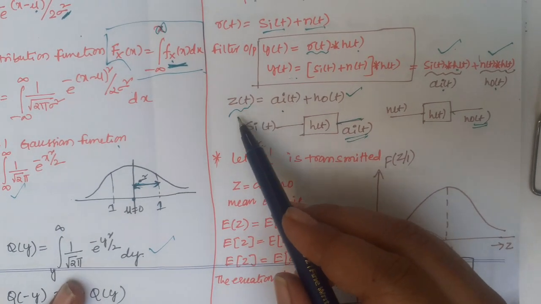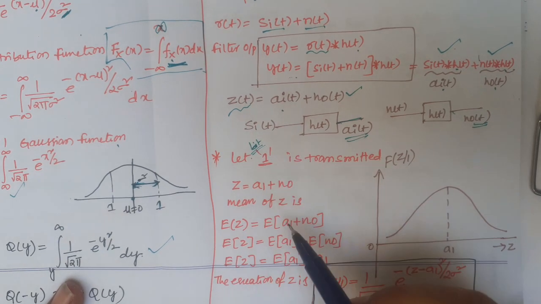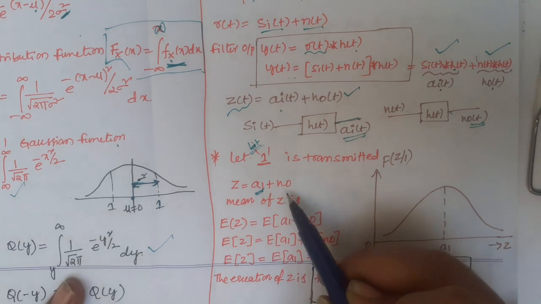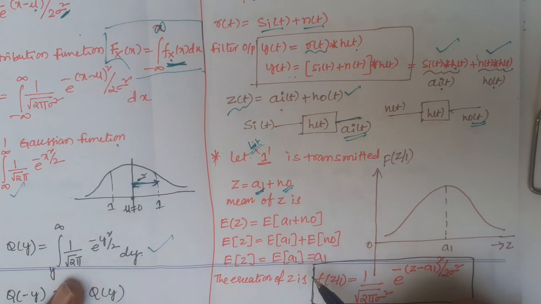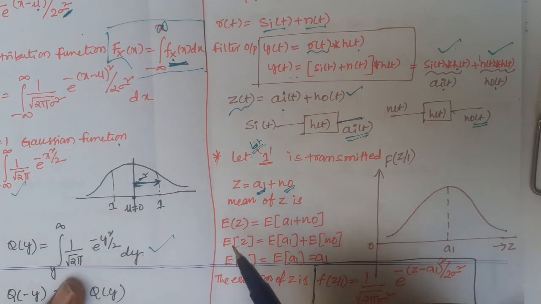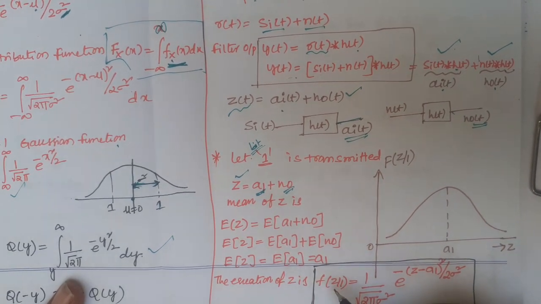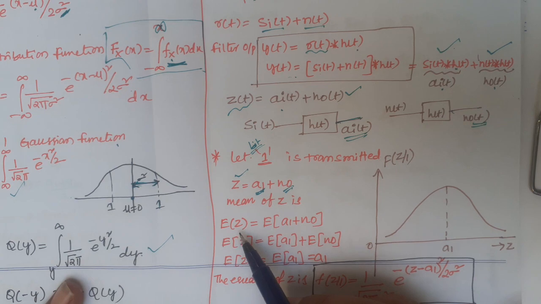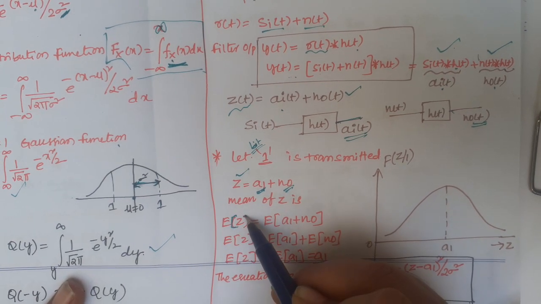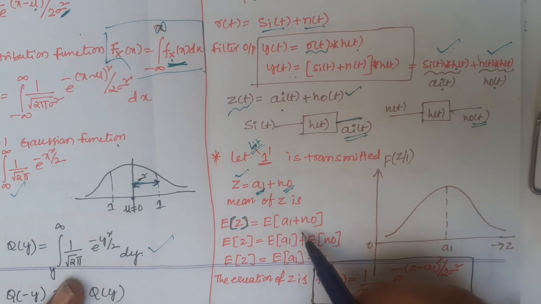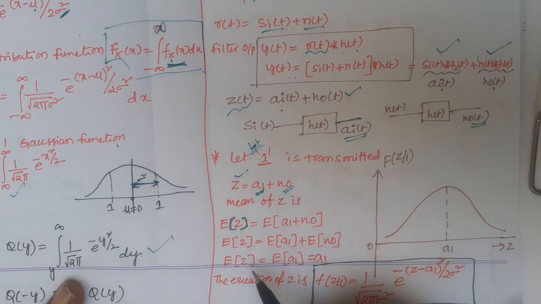Z is the filter output, where Z is equal to the signal component A1 plus the noise component N0. The mean of this filter output Z is written as the expectation of Z. Expectation of Z is equal to expectation of A1 plus expectation of N0.